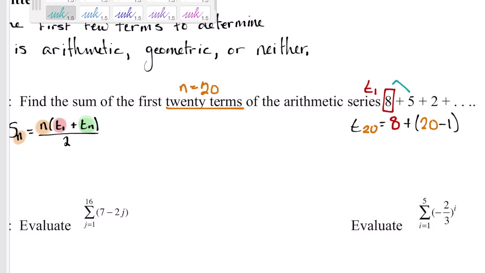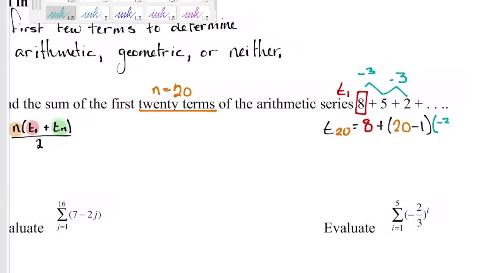Here, in order to get from 8 to 5, I would have subtracted 3. That also works going from 5 to 2. So then I'm multiplying here by negative 3. And when I do the 20 minus 1, multiply that 19 by negative 3, add the 8 to it, I end up with negative 49.